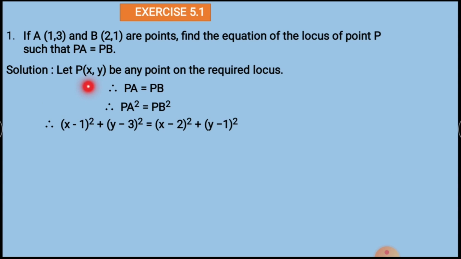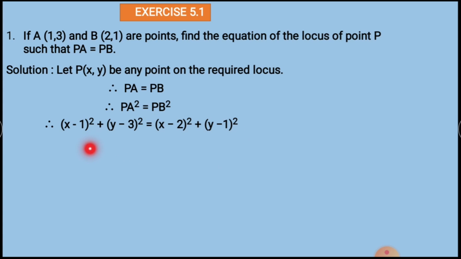We consider x2 as x, y2 as y, and x1 as 1, y1 as 3. So we write here (x minus 1) squared plus (y minus 3) squared. For the right hand side we consider x2, y2 as x, y and x1, y1 as 2, 1. So we write here (x minus 2) squared plus (y minus 1) squared.